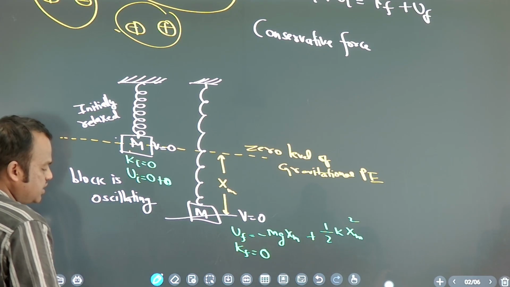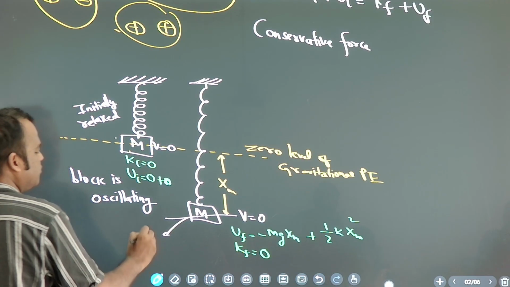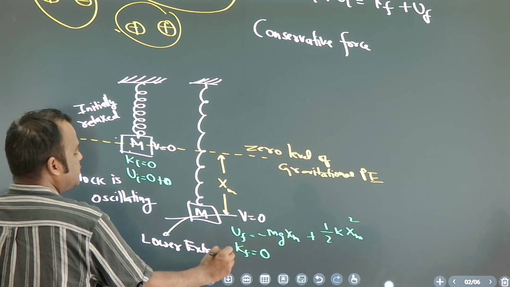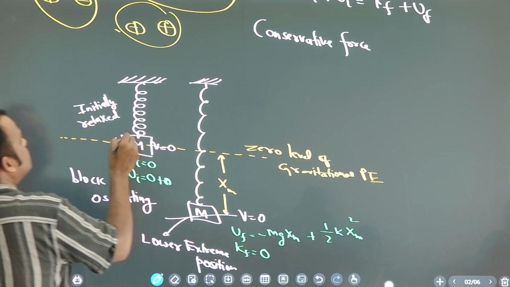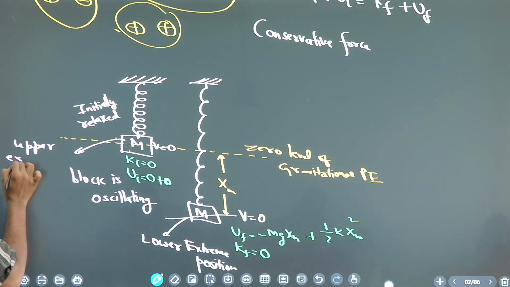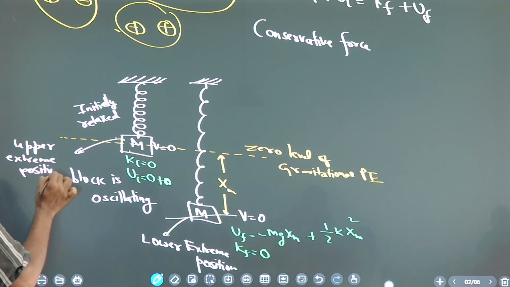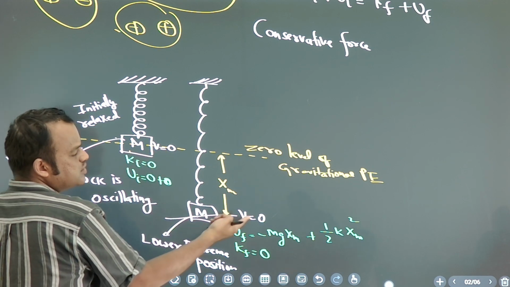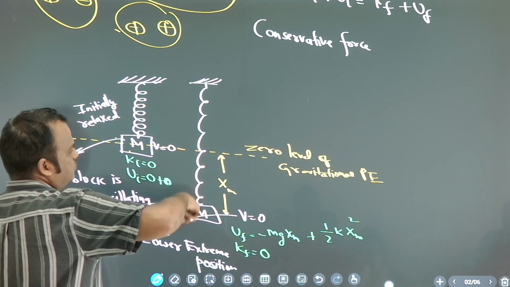This is known as the lowest point or lower extreme position. And what is this called? Upper extreme position. What is the speed at the upper extreme position? 0. Lower extreme position? 0. So it is oscillating like this. Understood?